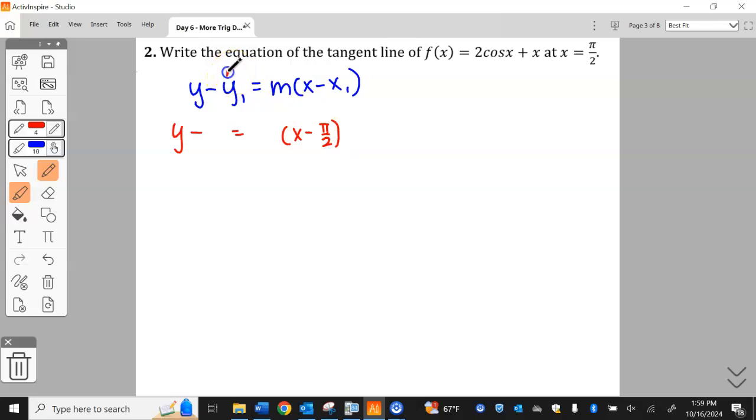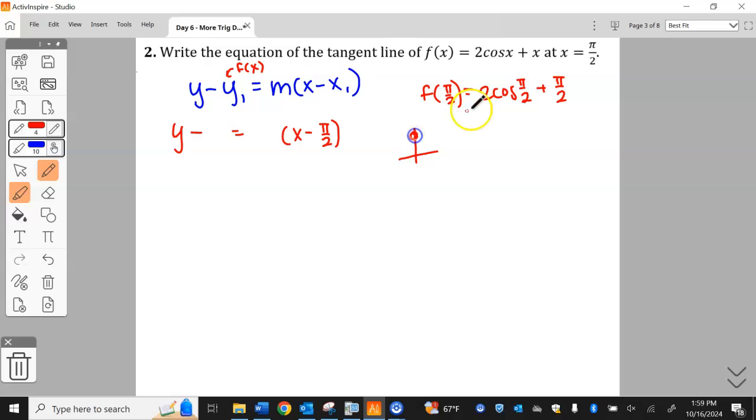Okay, so remember, to get the y value, that comes from the regular equation. So I'm going to take x, plug in pi over 2. So that'll give me 2 cosine of pi over 2 plus pi over 2.